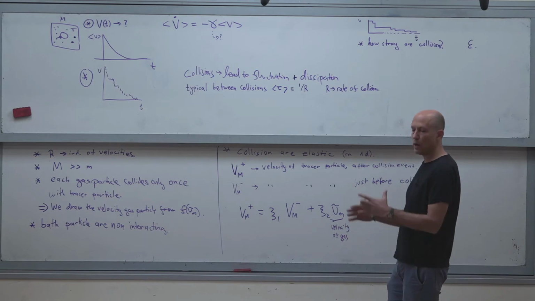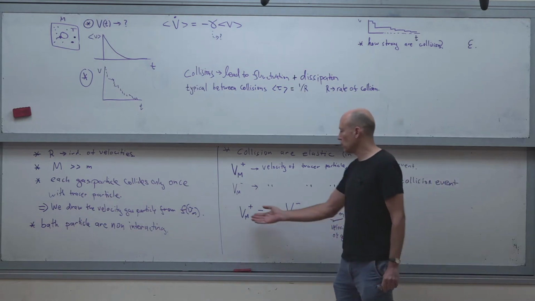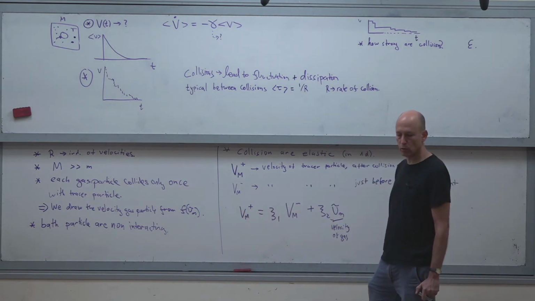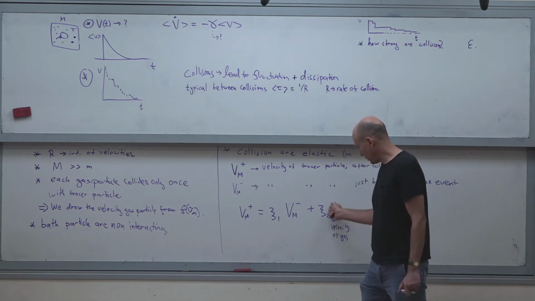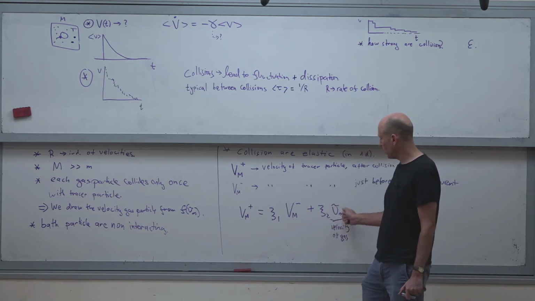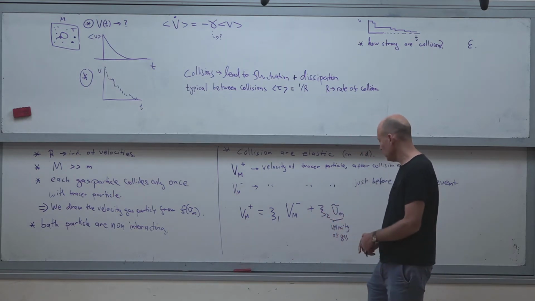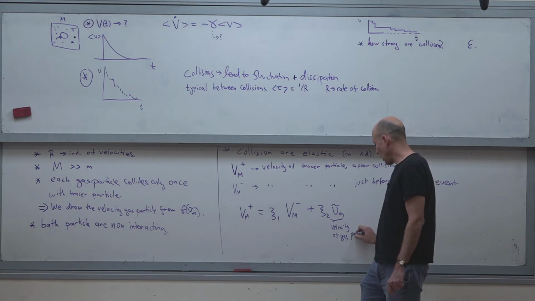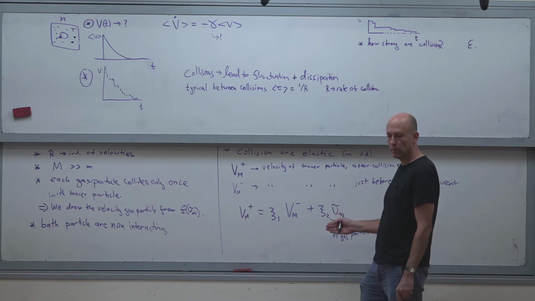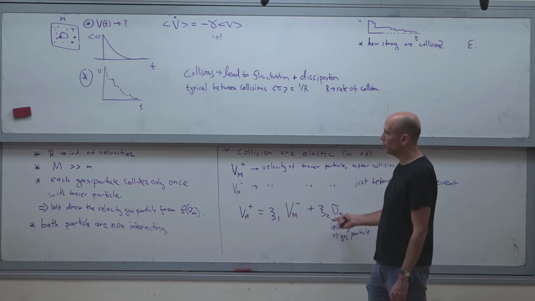This describes one of the collisions. So let's say this is collision number 222. Then in this collision 222, we add the velocity of the gas particle. What is this velocity? This velocity is random, but for this specific collision, it is a number.